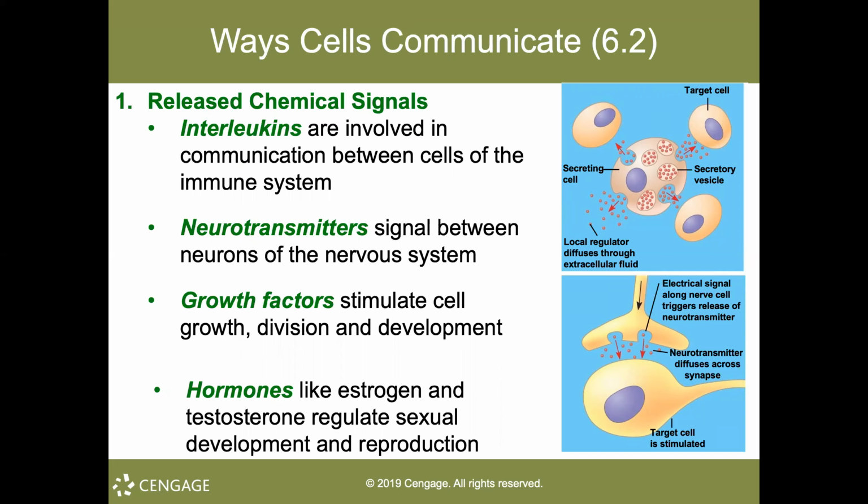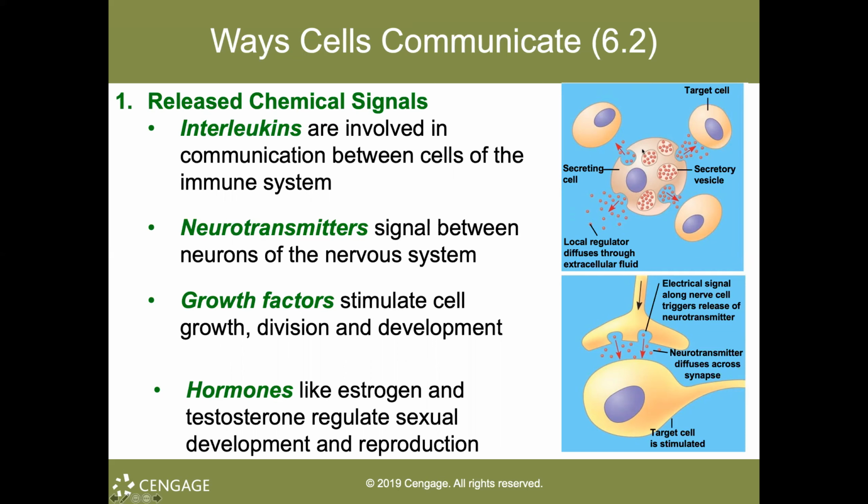And your endocrine glands are going to produce the hormones. Your endocrine glands are specialized cells that don't have any ducts, and they secrete hormones into the surrounding fluid, and these travel to target cells that are in the bloodstream.